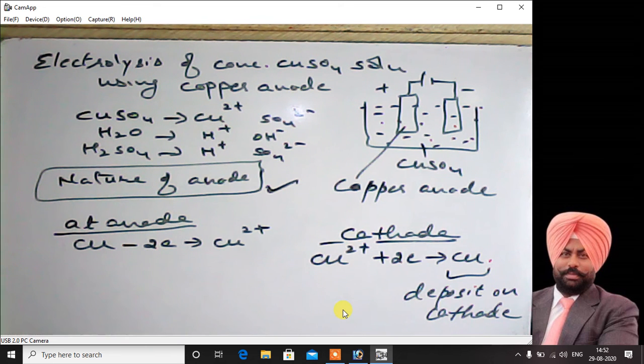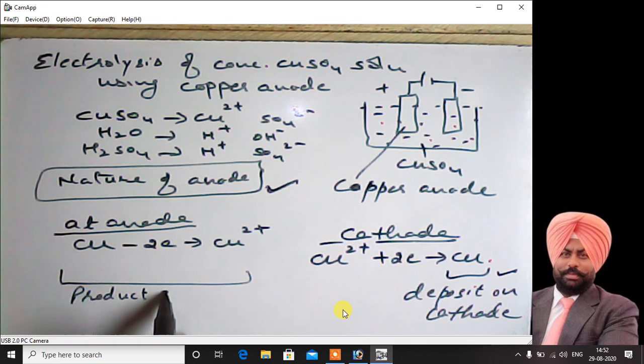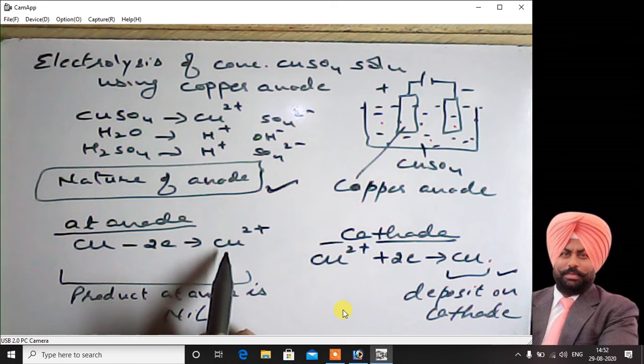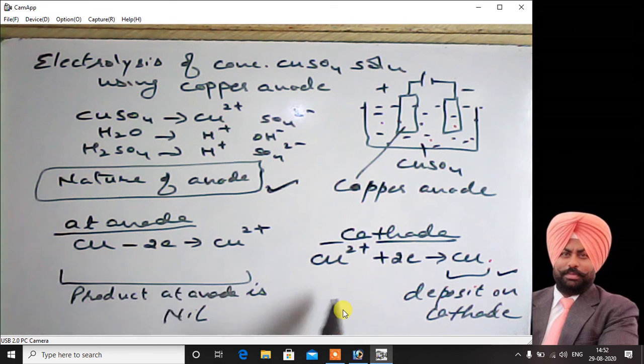Hence we can say that the product at cathode is copper, while the product at anode is nil. The anode will not form any product because anode itself is forming copper 2 positive ions which is migrating towards cathode.